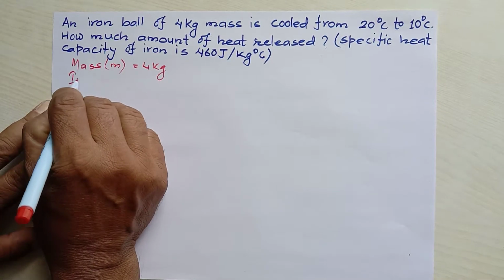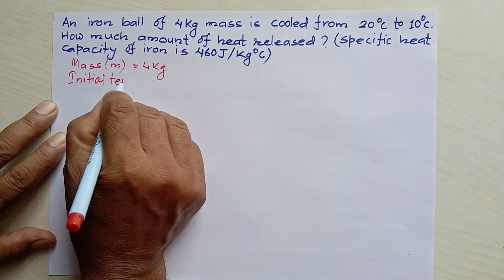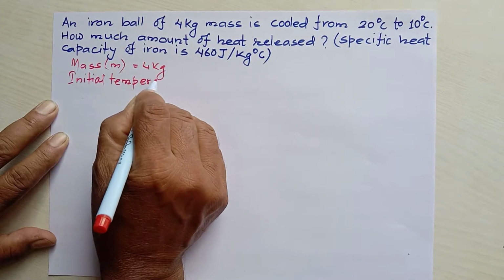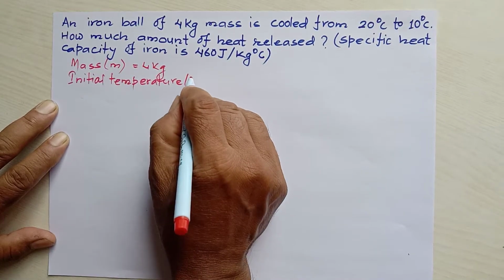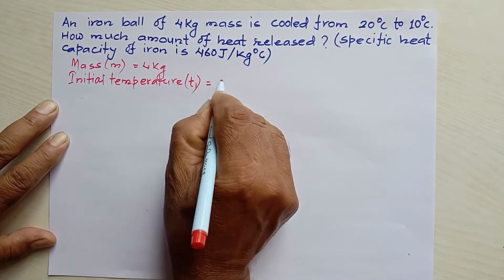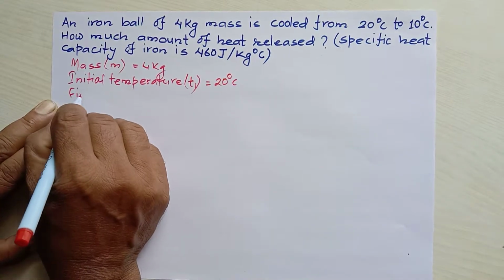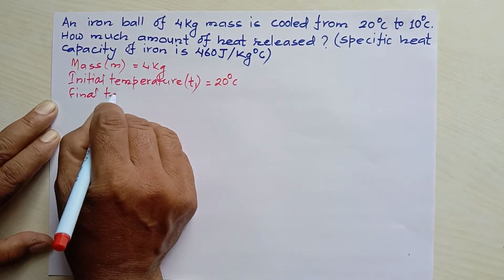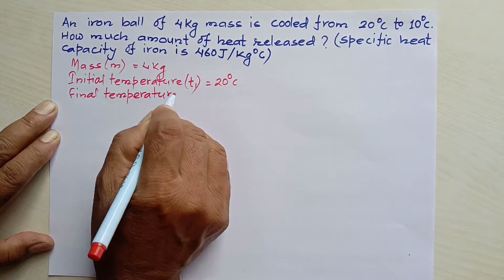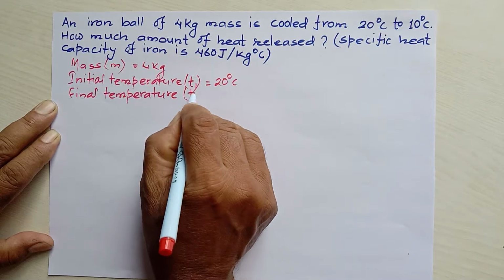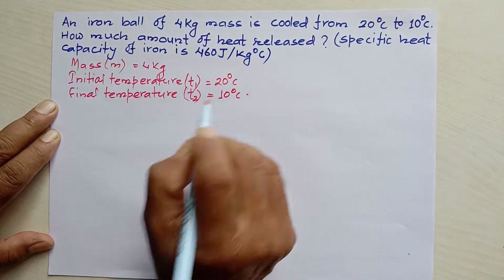We can write initial temperature can be represented by T1, and this is equal to 20 degrees Celsius, and another one is the final temperature. Final temperature can be denoted by T2, and this is how much? 10 degrees Celsius.